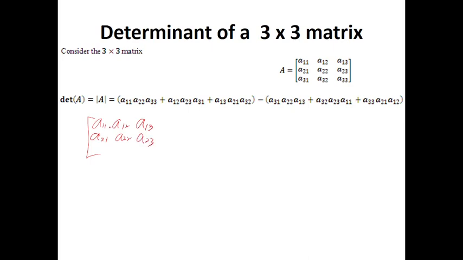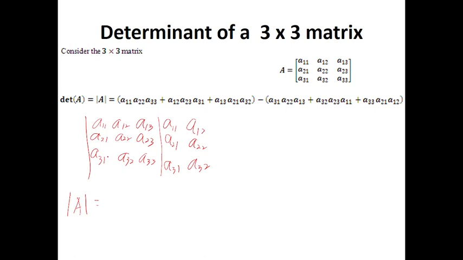We determine the determinant of matrix A. We simply copy the elements in the first column, as well as in the second column. Next, we evaluate the determinant of A.